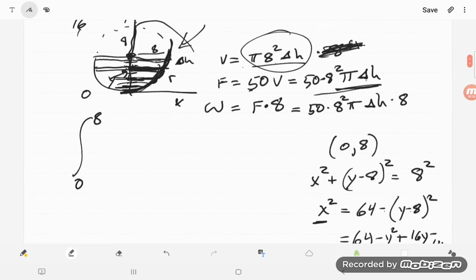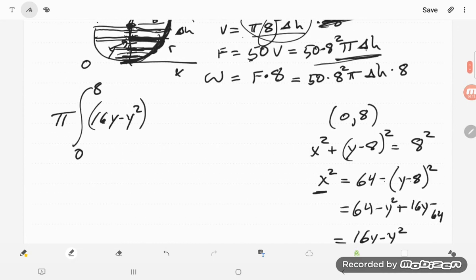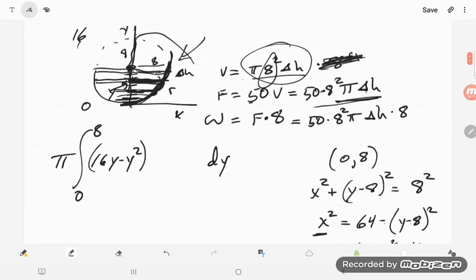So I took pi, my radius squared, so that was 16y minus y squared, and my delta h or delta y, and so I'll put that out here. And then the only thing I need is how far did I pump it?